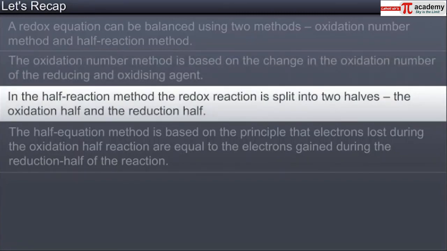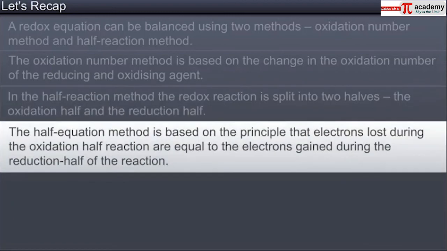In the half reaction method, the redox reaction is split into 2 halves, the oxidation half reaction and the reduction half. The half reaction method is based on the principle that electrons lost during the oxidation half reaction are equal to the electrons gained during the reduction half of the reaction.